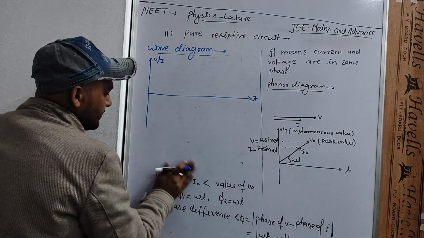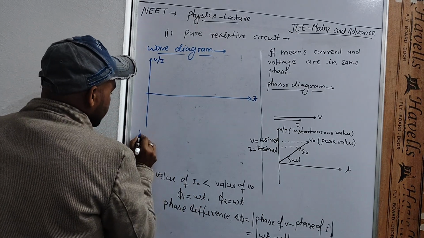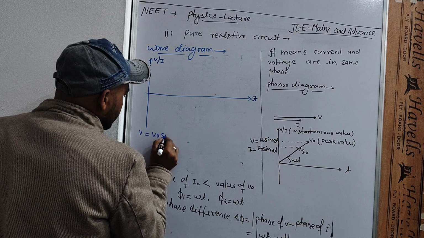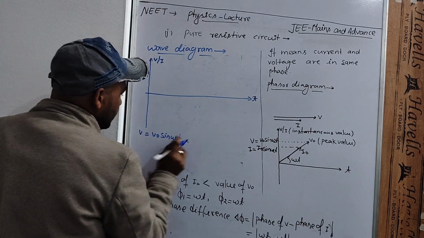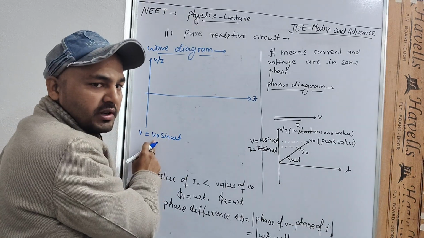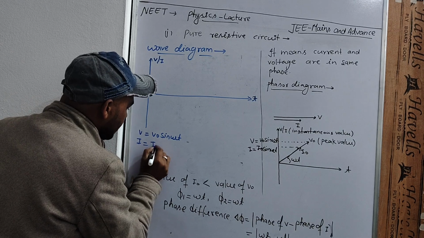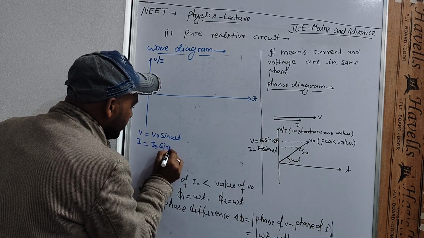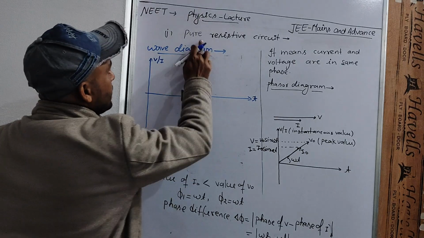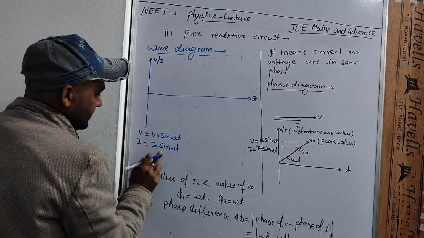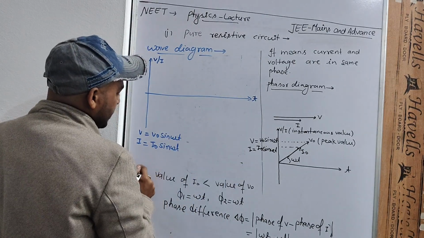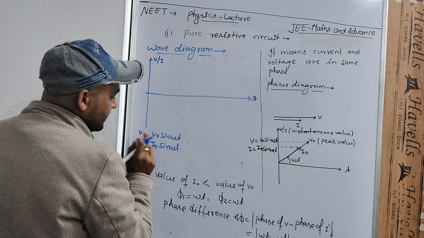Because as we know the voltage equation is V is equal to V naught sin omega t, where V naught shows the peak value of voltage, and the instantaneous current equation is defined as I naught sin omega t for pure resistive circuit. Both having the same phase, but value of I naught is less than V naught.